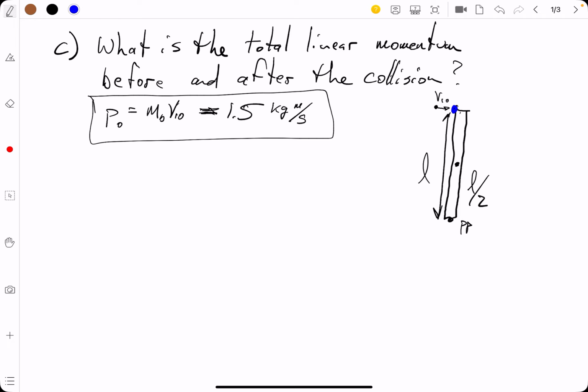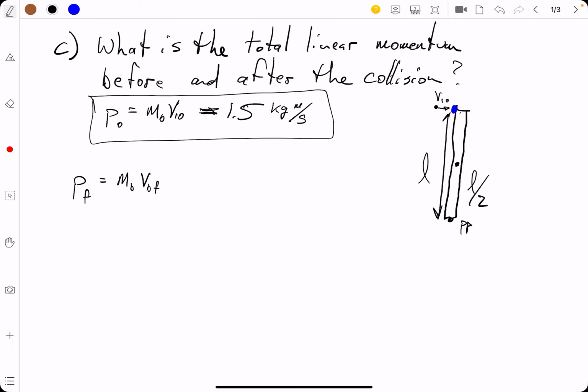All right? So our P final is equal to our mass of the thing times its velocity finally after it sticks. So after the energy is gone from its initial entry into the situation, it was flying in and lost energy to the situation.